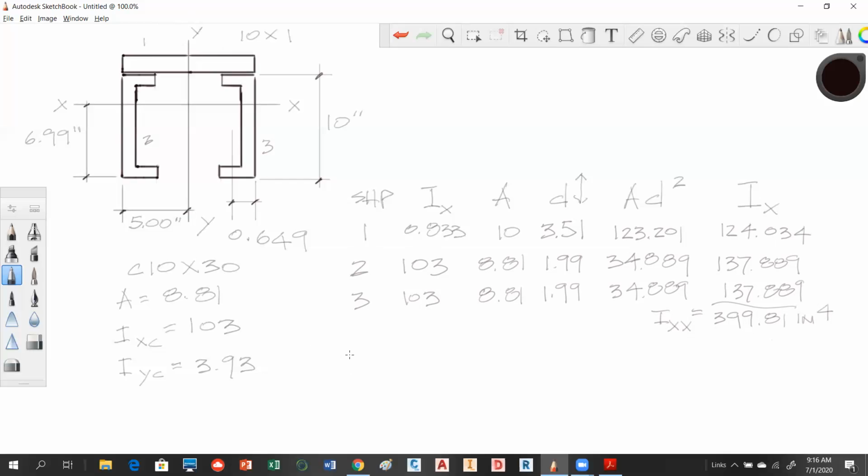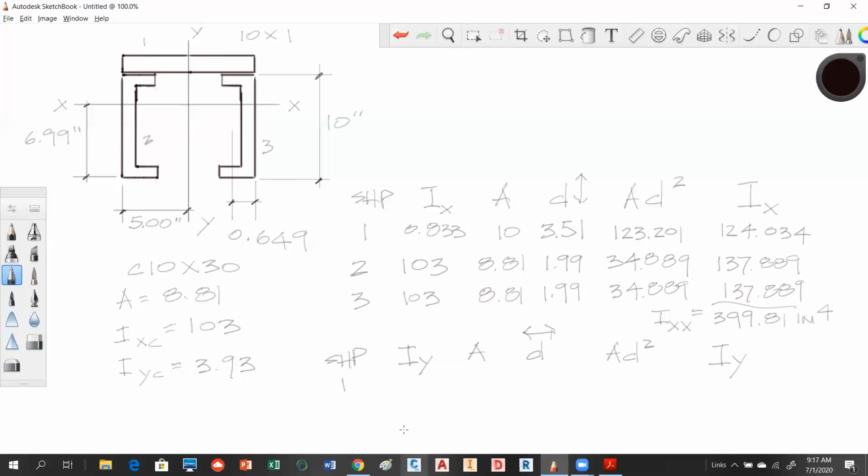So we're going to look at the Y direction. So we're going to have shape, IY, area, D, AD squared, IY. And the D is, we're going to be looking from axis to axis and axis to axis. Okay, so shape 1, this time this is the base on this guy. So this is going to be 1 times 10 cubed divided by 12.